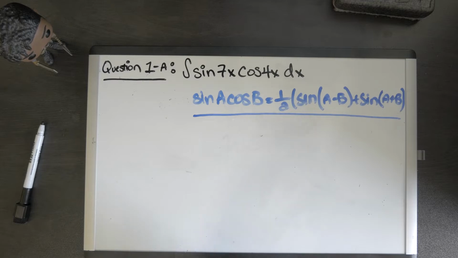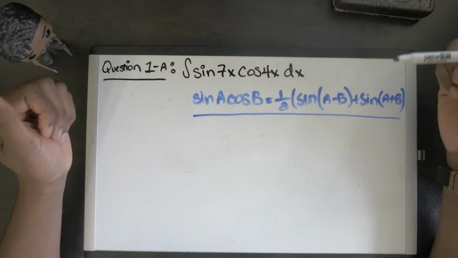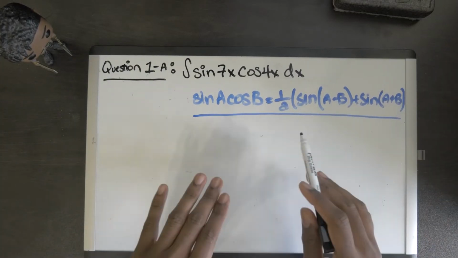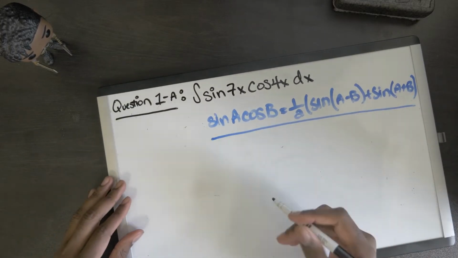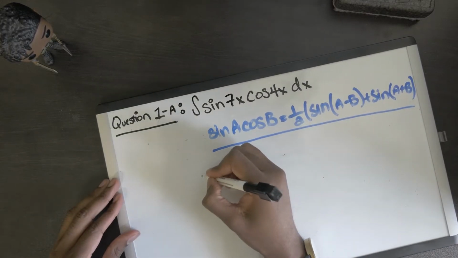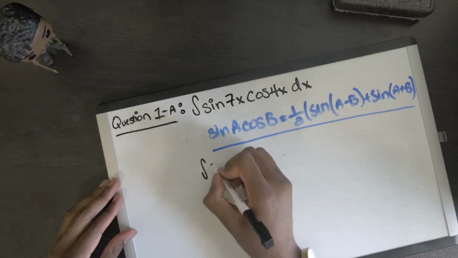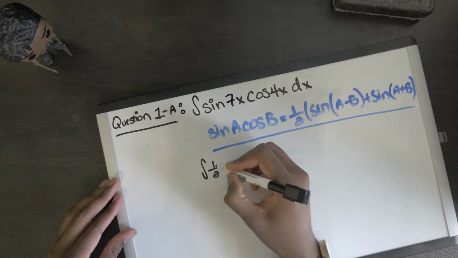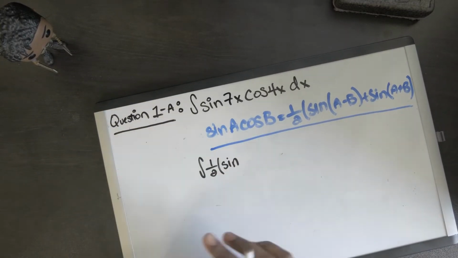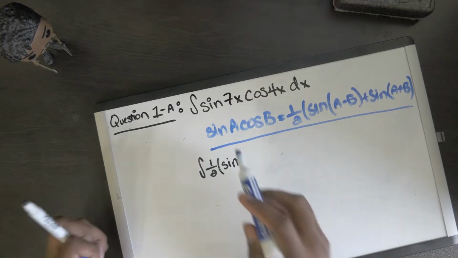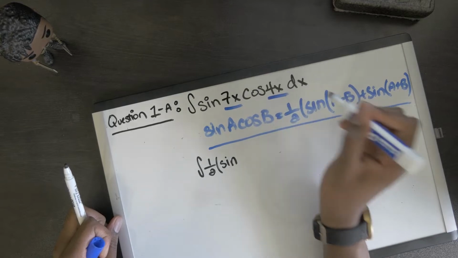That's actually going to be the formula we're going to use to help condense down the current integral that we have. So let's go ahead and plug that back into our original problem, which is going to give us the following. So the integral of 1/2 times sine. Now in this case, our A and B are represented by the 7x and the 4x.